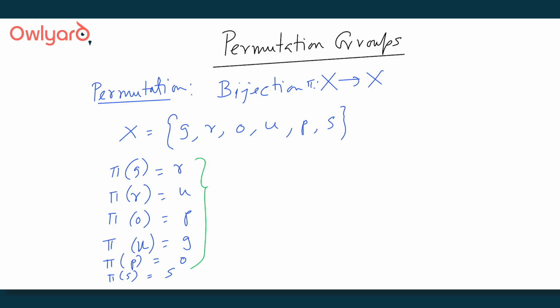So, what I can do rather, I can omit unnecessary things from here and I can just write the input arguments on the first row G, R, O, U, P, S, and on the second row exactly corresponding to each element written on the first row I can write where that permutation or bijection takes me.